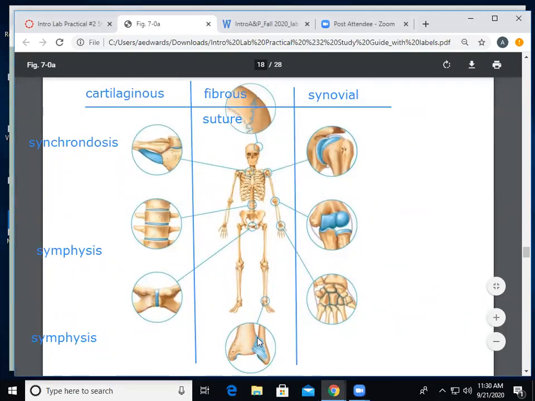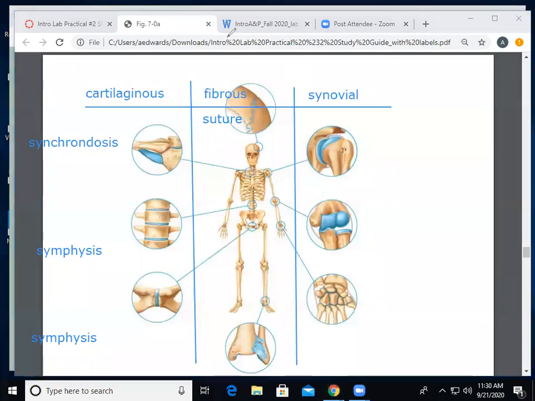So this one that's down here, so this one, we will call that syndesmosis. It's also a fibrous joint. And you see that kind of holding the tibia and the fibula together in your lower leg.